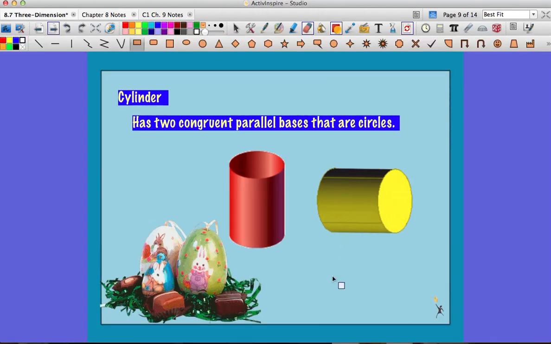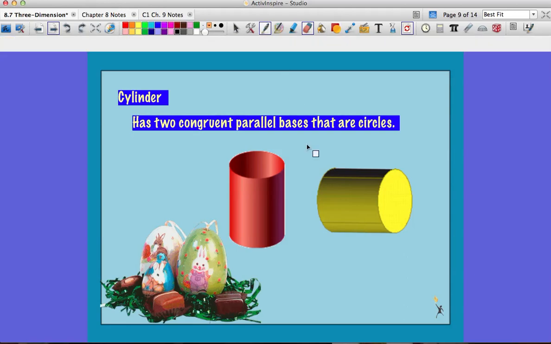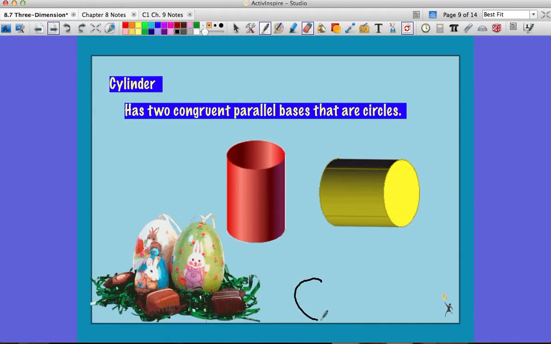When you're drawing these shapes, what I have found to be helpful is to draw a circular base, draw another circular base, and then just connect them here. Now, this isn't perfect, but it gives you the idea of what a cylinder is. Sometimes you'll see it where it's drawn like this.